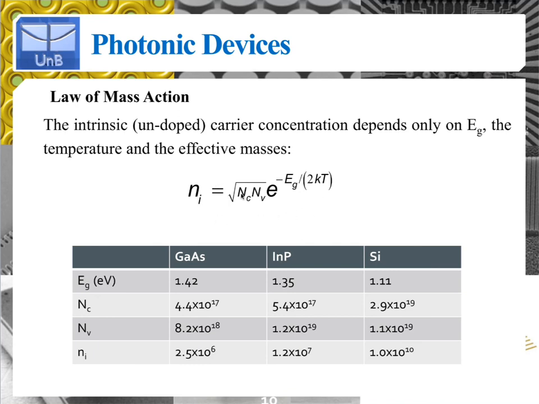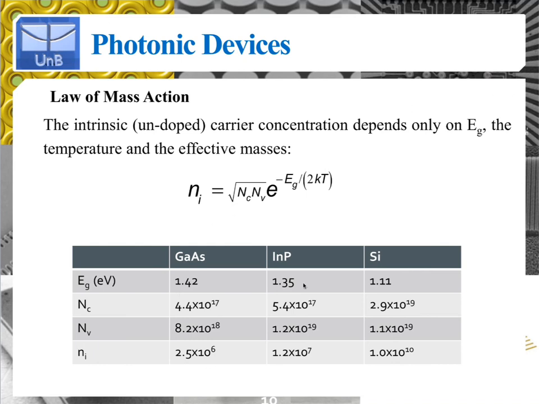Ni is equal to the square root of Nc times Nv times e to the power minus Eg over 2Kt. Okay, so the intrinsic carrier concentration is only dependent on the effective masses which go inside the constants Nc and Nv, and the band gap energy as well as temperature.